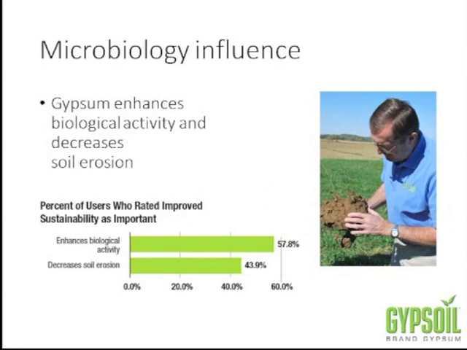One of the side things we see a lot of times is decreasing soil erosion. When you have biological activity, you're getting better efficiency from your nitrogen, phosphorus, potassium applications, and all your other elements as well. Anytime we can influence biology, it's going to be a huge win for a field or for a crop's potential.